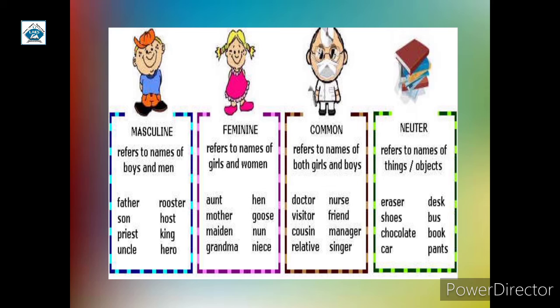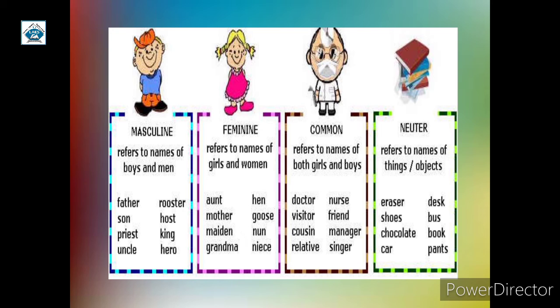What is common gender? It refers to names of both boys and girls. Common gender includes both male or female persons. For example, your sports teacher is a male teacher, music teacher is your male teacher, whereas other teachers are female.